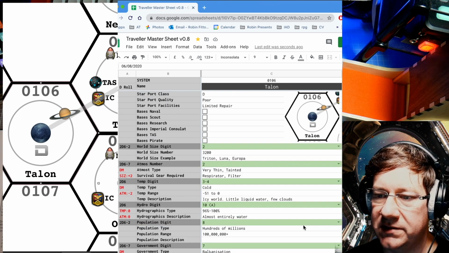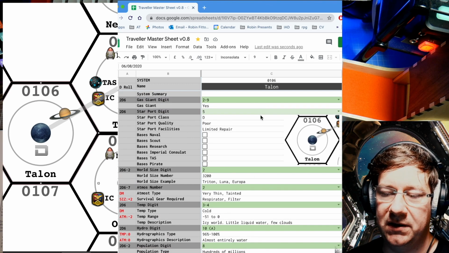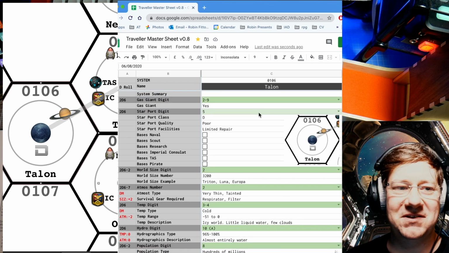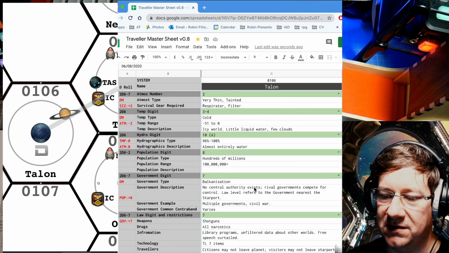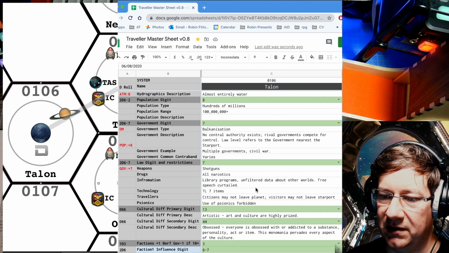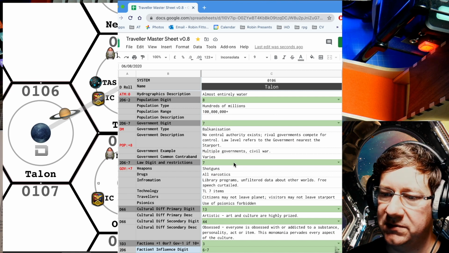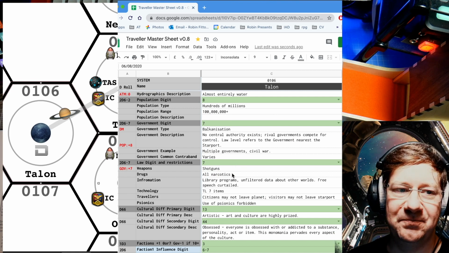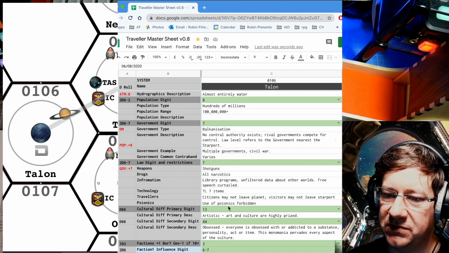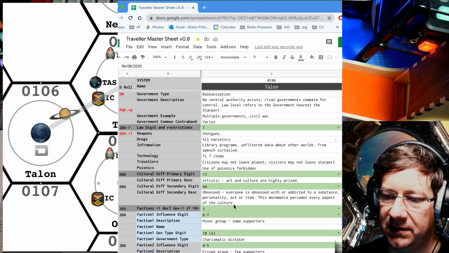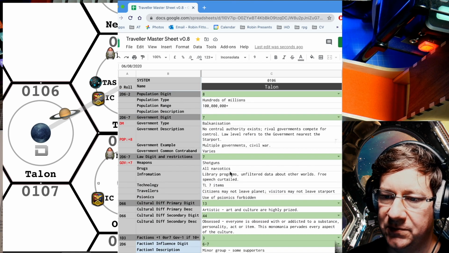It's an icy, balkanized, ripped apart, fractured series of factions in here. And then I've created, as we saw, quite a high law level, even though there's so many fractured states together. And then culturally, they're obsessed with something.